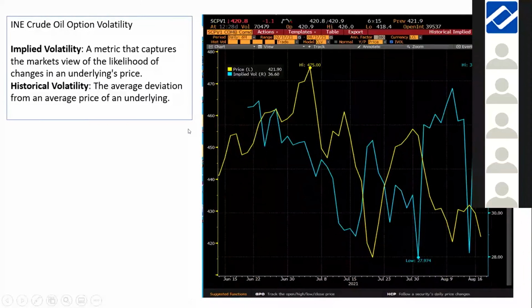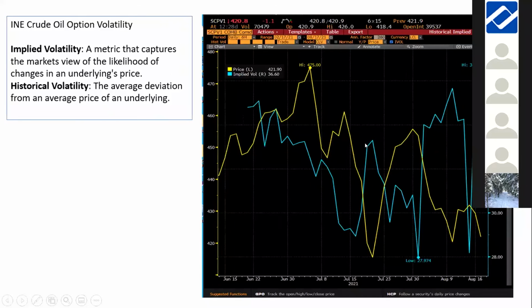When looking at options, I'm a big fan of looking at implied volatility. As you can see through here, the price is coming down and volatility is coming down with it. Then all of a sudden at one point, it starts to change and the price continues lower, but volatility spikes higher.